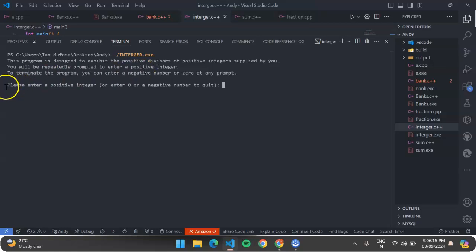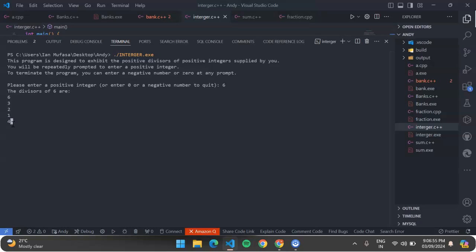Then here we can try to input and see why it says please enter a positive integer or a negative number to quit. Let's begin by putting in a positive integer. Let me put 6, and when we run it, it gives us the outputs of the positive divisors of 6.